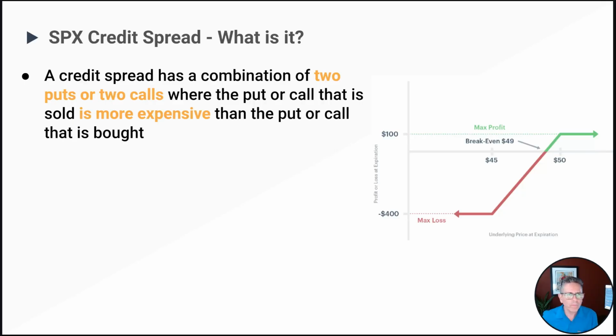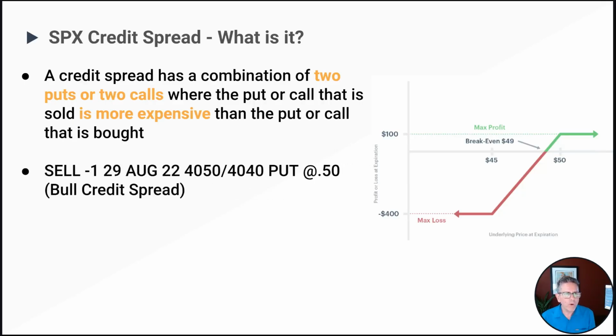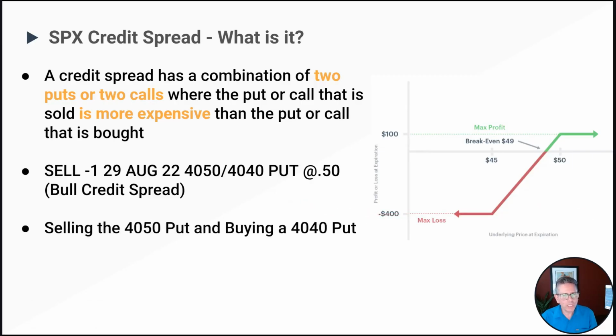It's called a vertical. What we're doing here is selling first, before you buy. So we're selling the 4050 and buying the 4040, and that is a bull credit spread. You're selling the 4050 put and buying the 4040 put, and that gives you a credit when you put on that trade.